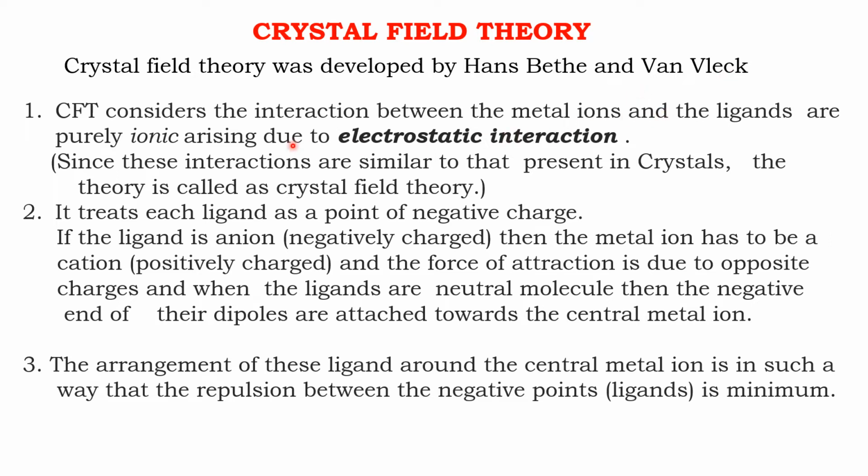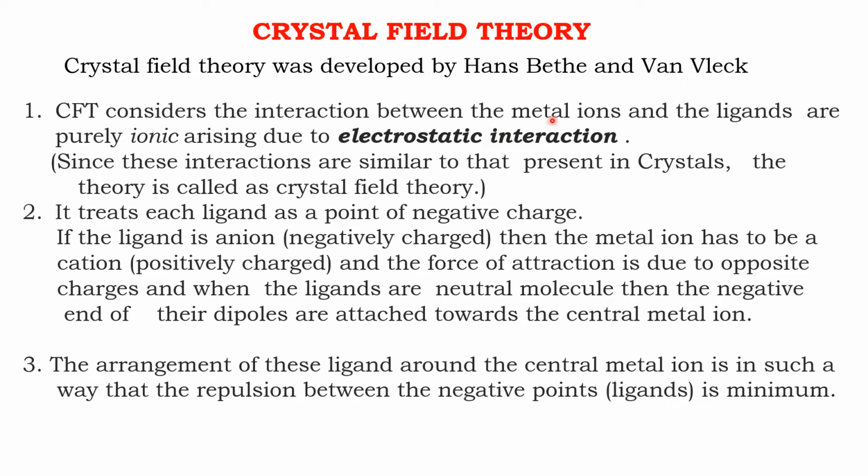They considered the interaction between metal ion and ligand to be electrostatic interaction. So it is not a covalent interaction, but an electrostatic interaction. That means the interaction is between positive and negative charges.